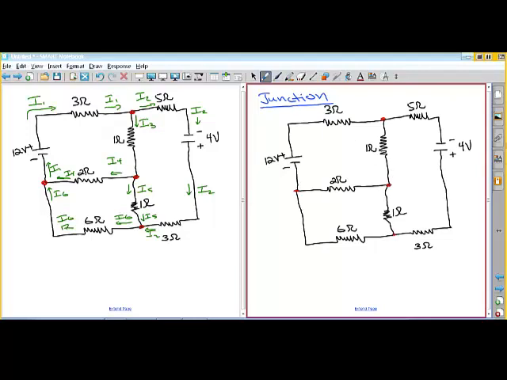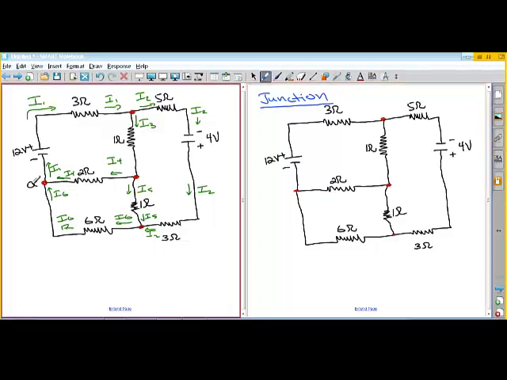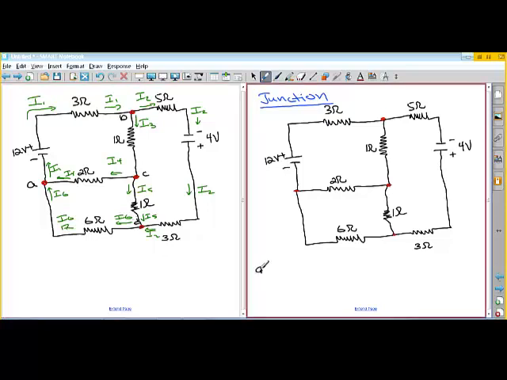So what does that mean? Well, we look at each one separately. Let's call this junction A, this junction B, junction C, and junction D. For junction A, this one right here, we have I6 coming in, so that's positive. We have I4 coming in, and we have I1 leaving, and that all has to equal 0.